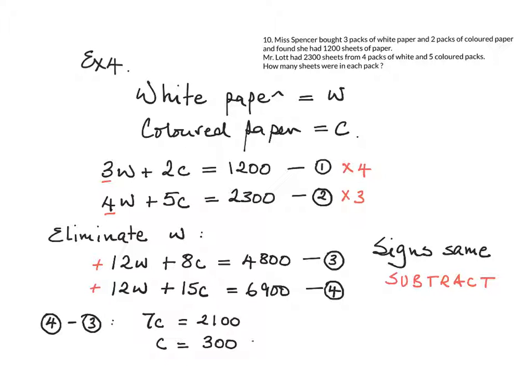What I want to do then is to pop that back into one of the initial equations. I could use equation 1. And so 3 lots of W plus 2 lots of C, 2 lots of 300, and that's 1200.